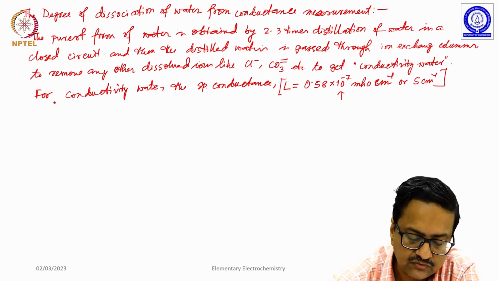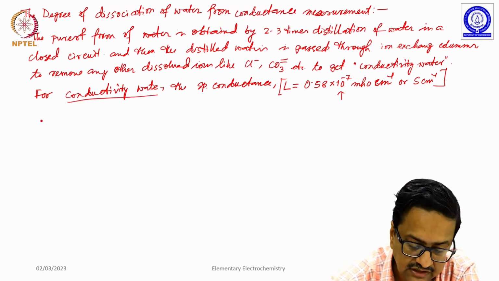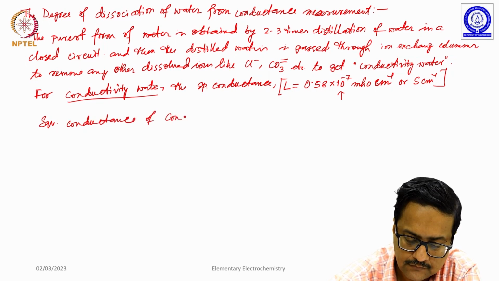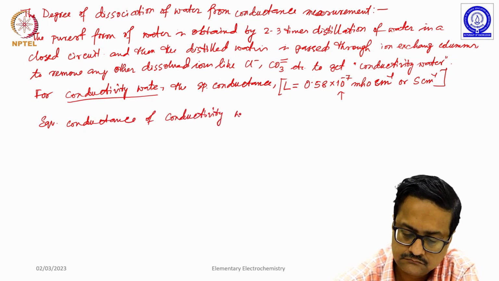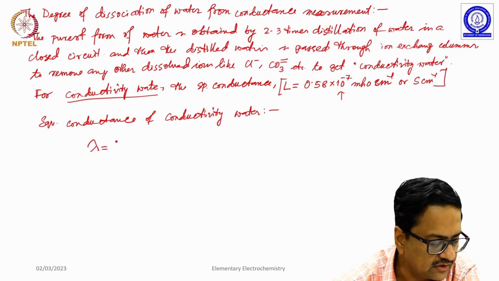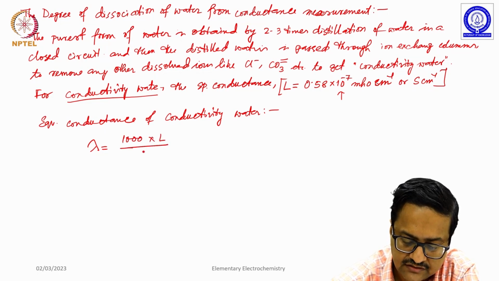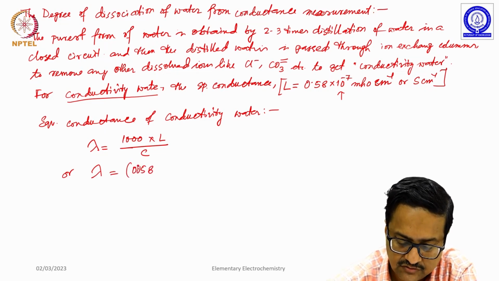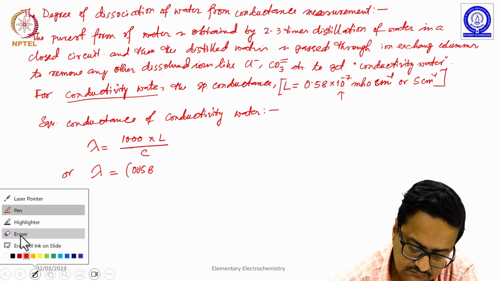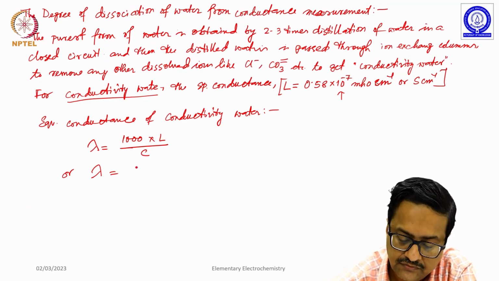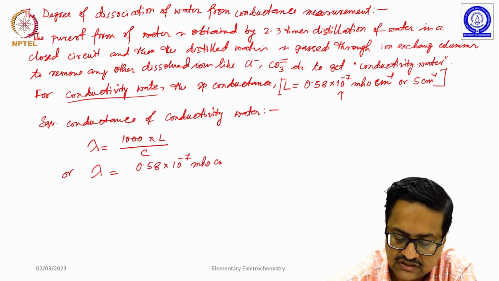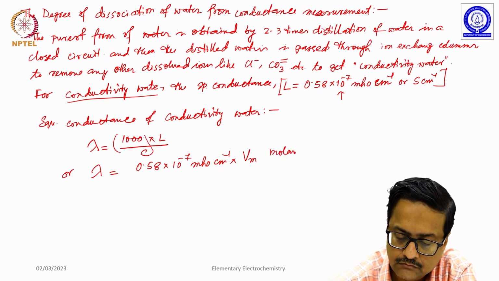So, for this water, conductivity water, one can calculate the equivalent conductance, that is lambda equal to 1000 into L by C. The value of L is 0.58 into 10 to the power minus 7 mho centimeter inverse into this term, which is nothing but the molar volume of water.